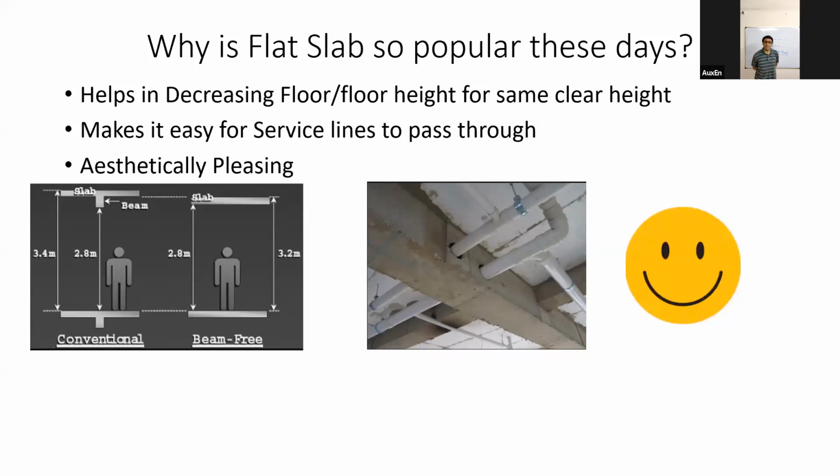If you are able to create an additional 7 to 8% floor area for the same height of your building, it is a tremendous profit that you are able to achieve. Therefore, these flat slab systems can be extremely economically beneficial to you if you are going for a taller type of building.